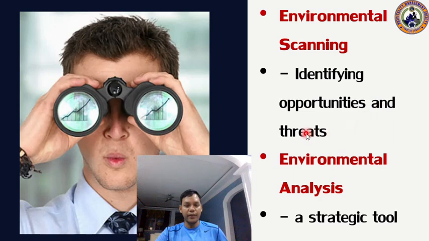So we will gather information and data, and after that we need to analyze the identified opportunities and threats. After we analyze, we can produce, for example, possible decisions that are beneficial for our business.